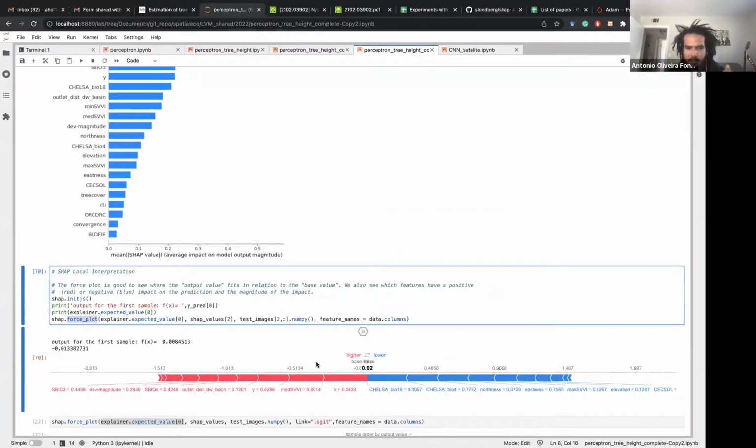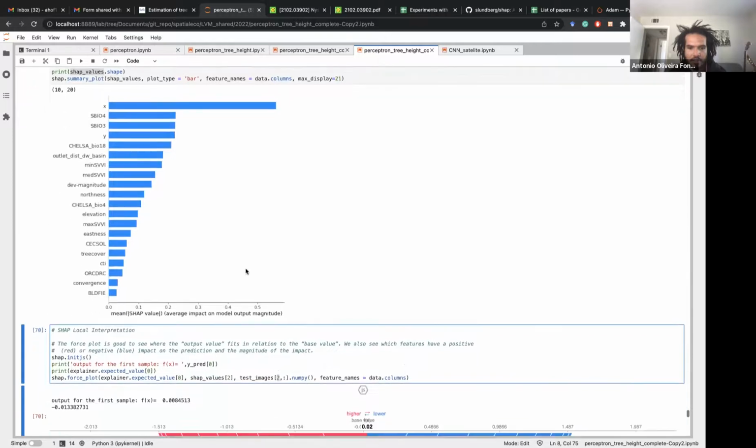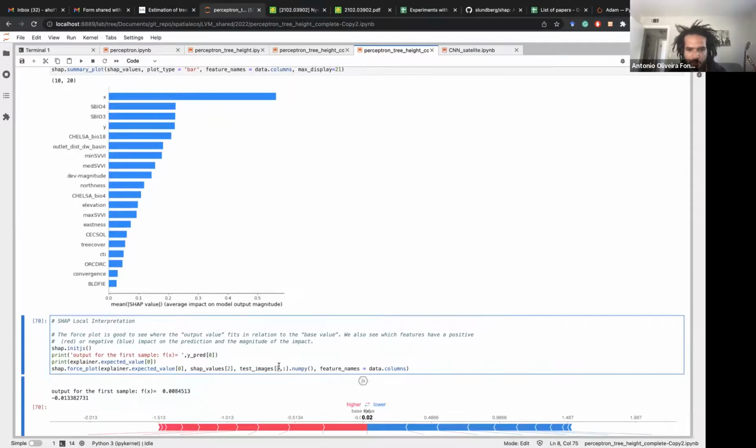This is for one specific sample. I'm doing this analysis for sample number 2 from this chunk of the test data set that I got. I had 10 samples that I selected here, and here I'm analyzing sample number 2 from this set.